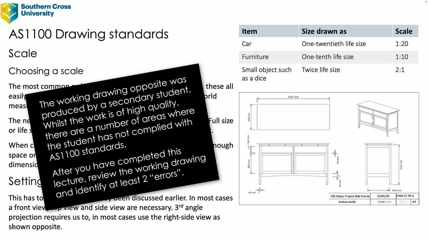That working drawing shown opposite was produced by a secondary student, and the work is of very high quality. However, there are a number of areas where the student has not complied with AS1100 standards. After you have completed this lecture, review the working drawing and identify at least 2 errors.